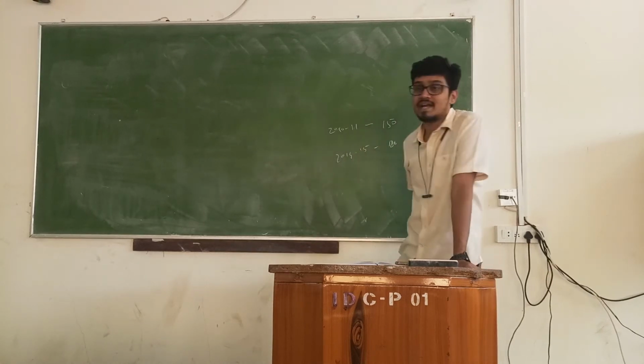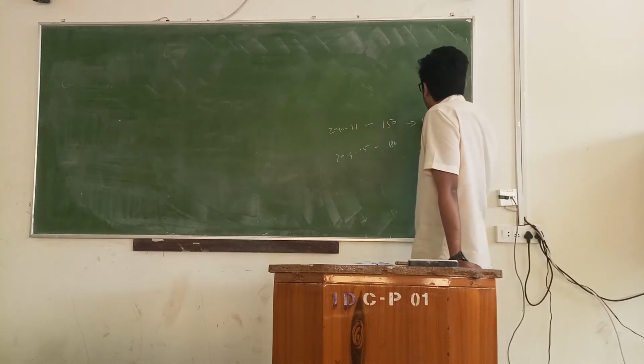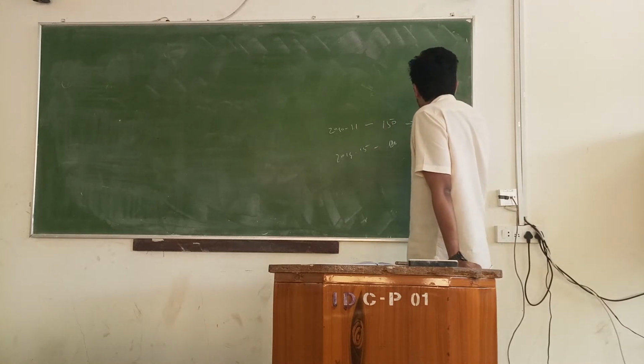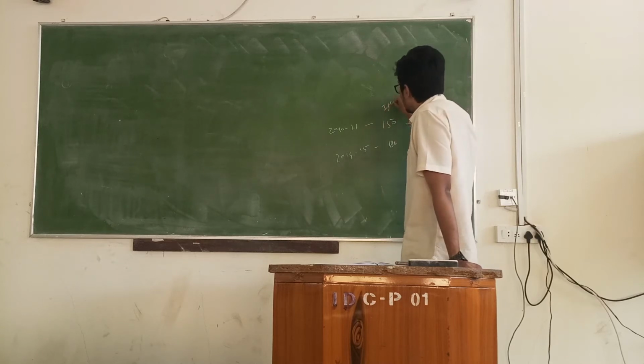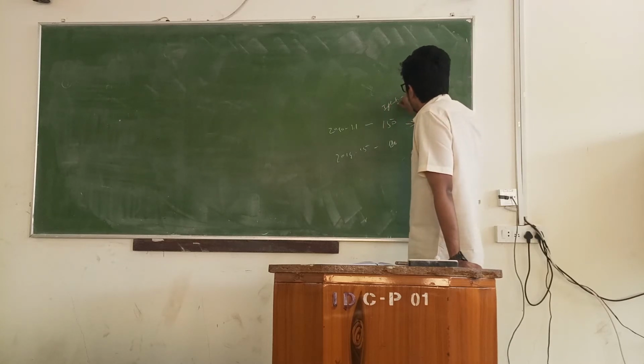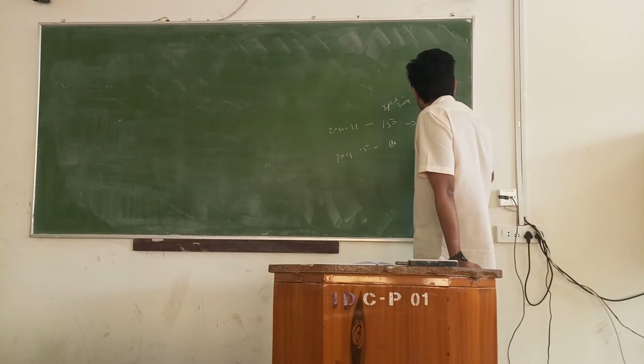This much data is given. They are telling that in 2010-11 the salary of a person was 3000, and this is the inflation index. Then how much should his new salary be?